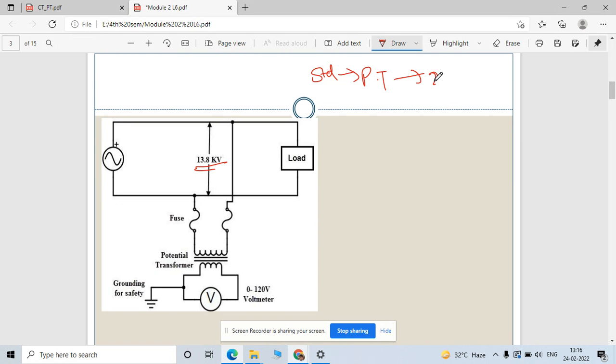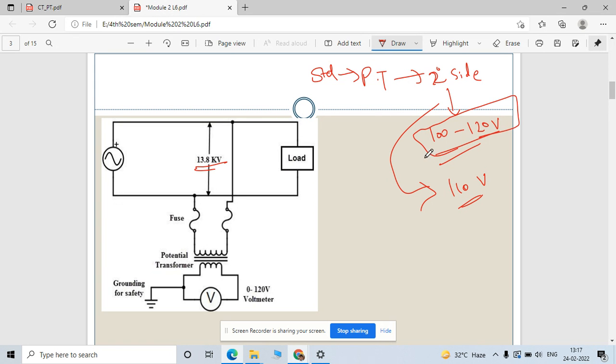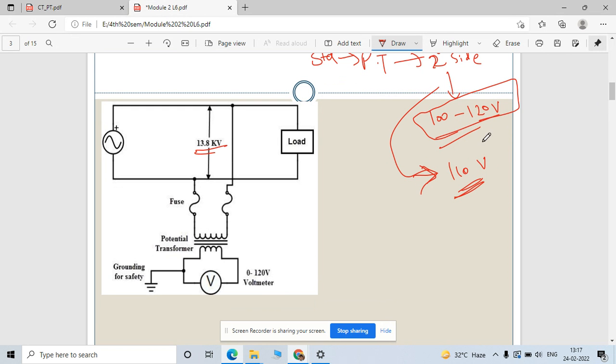You can set the range within this limit of 100 volt to 120 volt, and if you take the average of this, you can consider 110 volt. So that's why for most potential transformers, the output will be set at 110 volt.